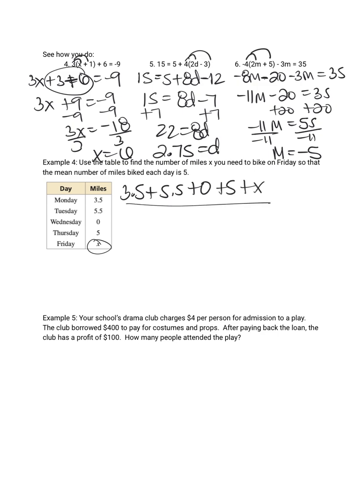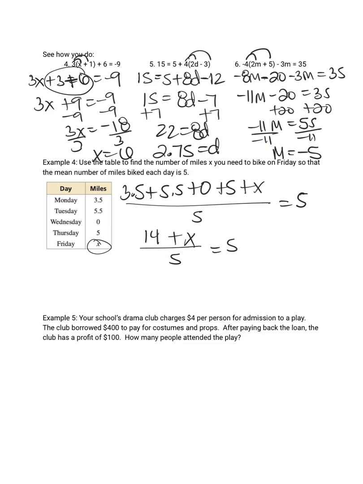And there are 5 days, so Monday through Friday, so we're going to divide by 5. And it tells us that we want our average to equal 5. So our 3.5 and 5.5 and 0 and 5 is going to give us a total of 14 plus x divided by 5 equals 5.